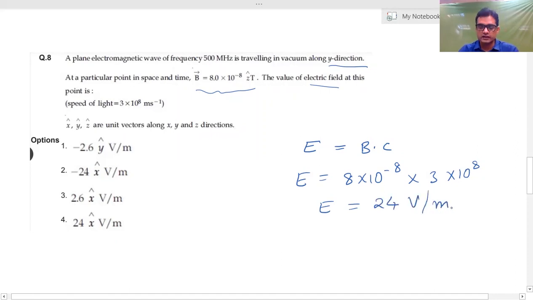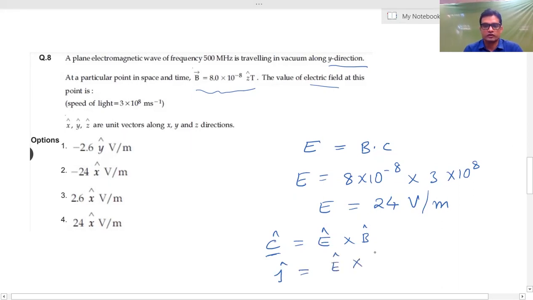Now we have to decide the direction. There are two options, option 2 and option 4. We have to decide in which direction the wave is traveling. The direction of wave travel is given by C cap is equal to E cap cross B cap. If we do the cross product of electric field and magnetic field, we get the direction of travel of the wave. Here the wave is traveling in j cap, and I don't know the direction of the electric field.